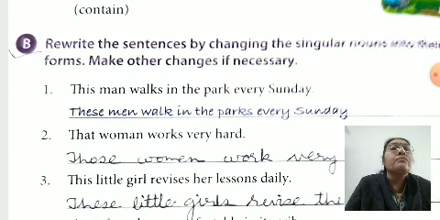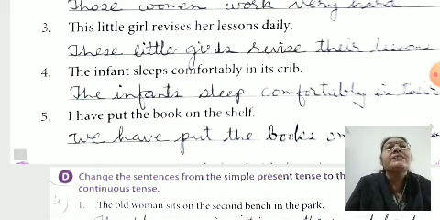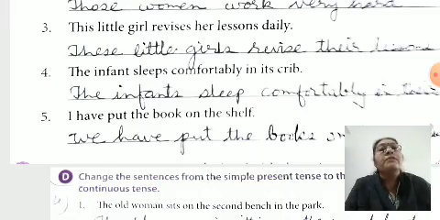And always with a plural subject, we put the root form of the verb, walk. That woman works very hard. Those women work very hard. The little girl revises. These little girls revise. The infant sleeps. The infants sleep. I have put the book. We have put the books.